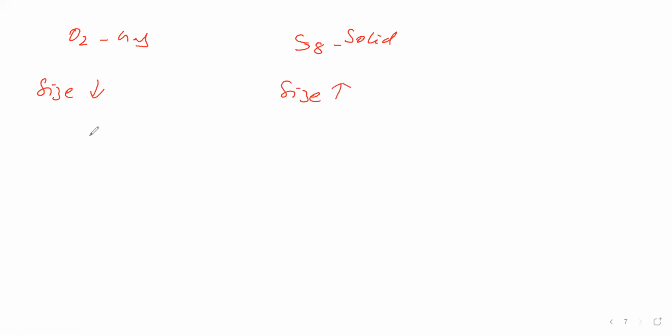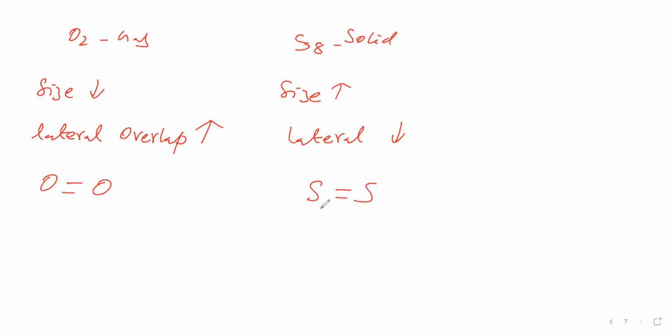Since its size is lower, oxygen goes for lateral overlap, that means pi bonding, to more extent. Sulfur goes for lateral overlap to less extent, so it forms pi bonding to less extent. Therefore between oxygen atoms a pi bond is possible, that is, a double bond is possible. Between sulfur atoms a double bond is not possible.